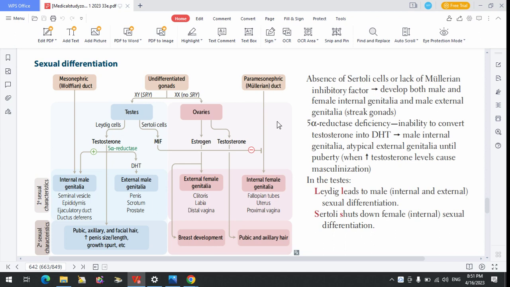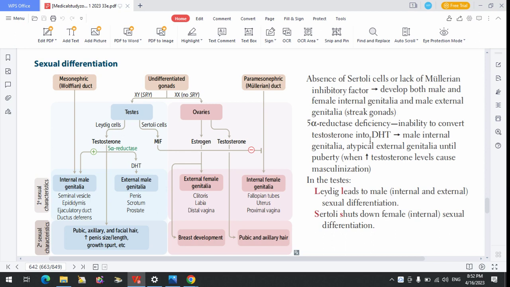Thanks. And we know that what actually forms the external genitalia is DHT, and DHT is coming from testosterone. You know that testosterone is actually coming from the gonads. So if the gonads are not well developed, there's a high chance that the testosterone secretion of that person will be very low.